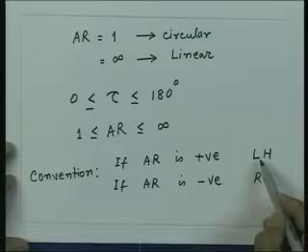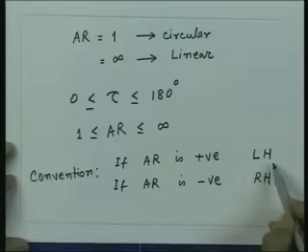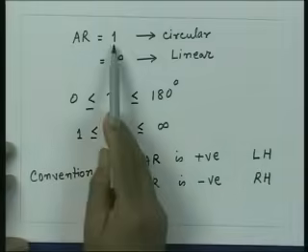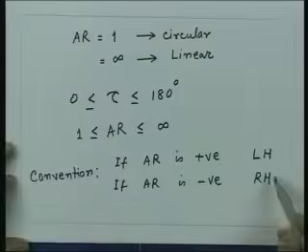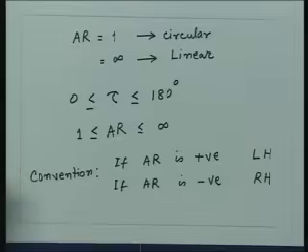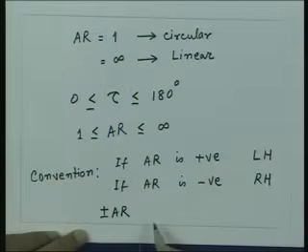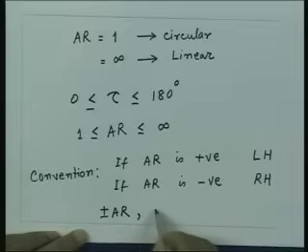So, if the sense of rotation is left-handed, then the AR would lie between 1 and infinity. If the sense of rotation is right-handed, the value would lie between minus infinity and -1. So, essentially now I have got these quantities. So, the complete description of the state of polarization can now be given by plus minus AR and the quantity tilt angle tau.